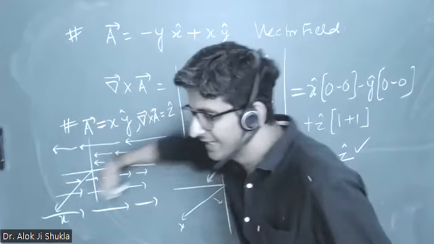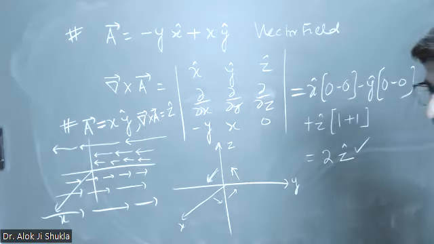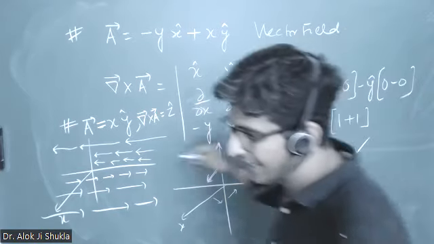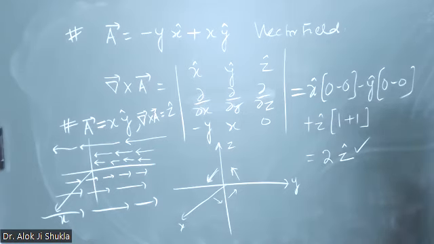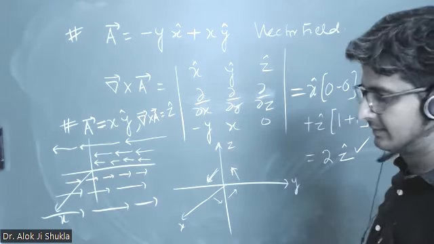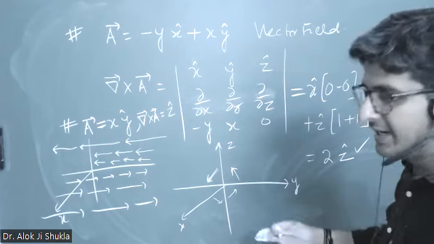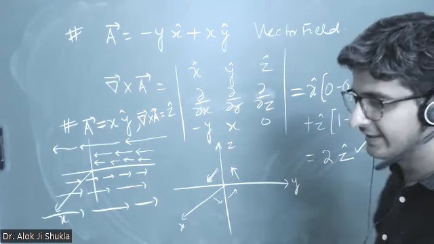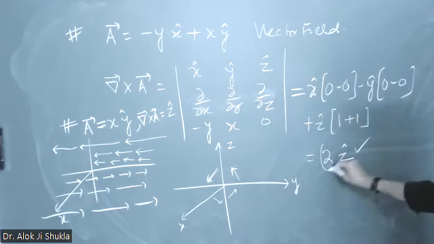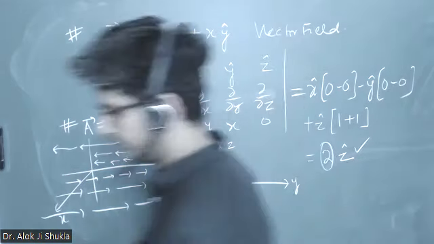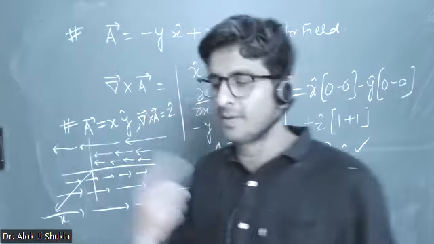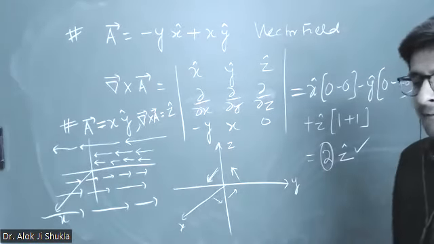Going like this and coming back like this is also rotation. But in measure, this is more rotating than this. Yes or no? So that's why its curl is 2 and that one is only 1. So curl represents the measure of swirling, the measure of whirlpool.